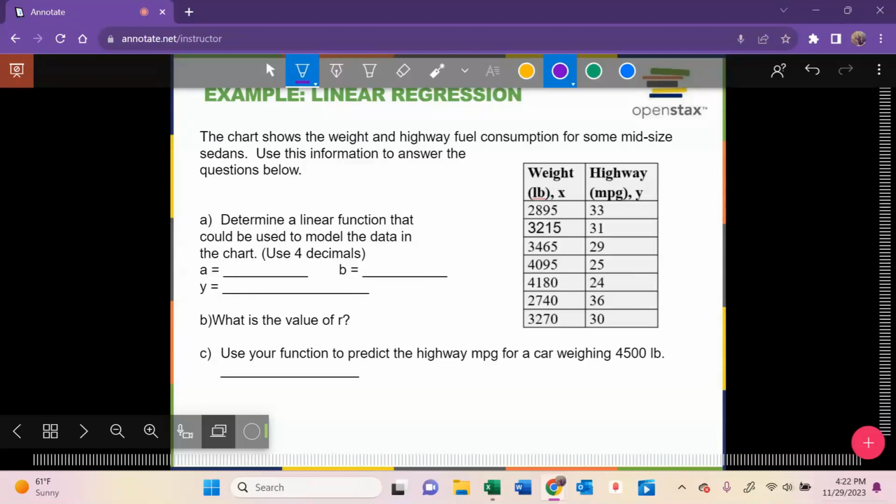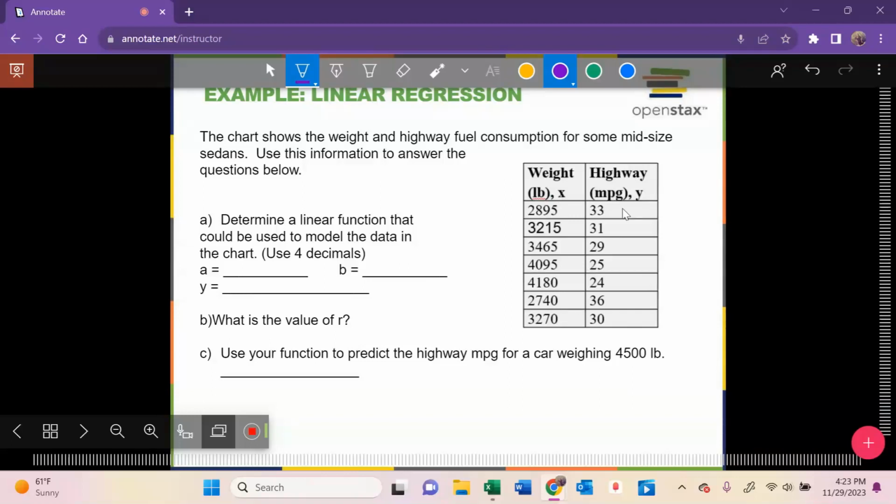So let's do this example. The chart shows the weight and highway fuel consumption for some mid-sized sedans. Use this information to answer the questions below. We have our X, which is our weight, and then we have our Y, which is our gas mileage.